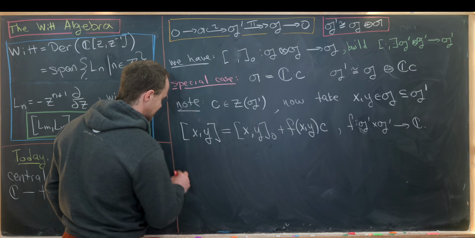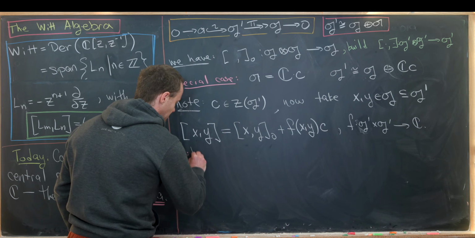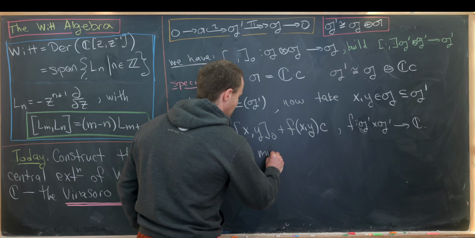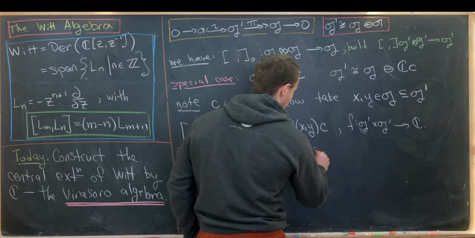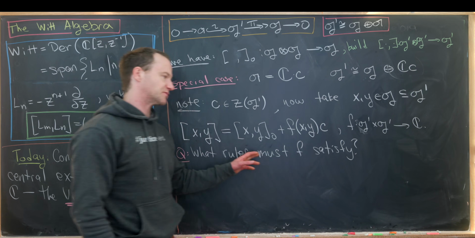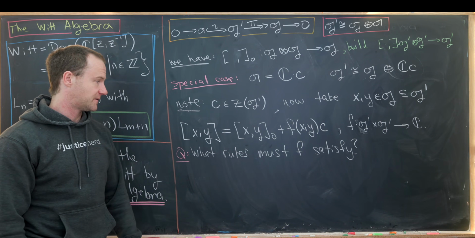So that makes it a multiple of this new vector. That kind of brings up the next really important question, and that is, what rules must f satisfy? Since we have the structure of a Lie algebra, that really restricts the behavior of f.